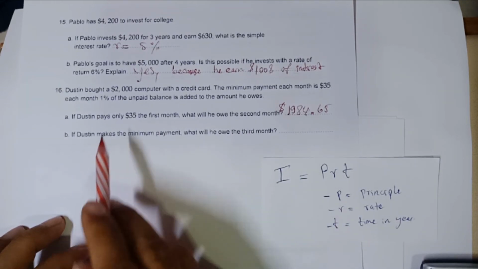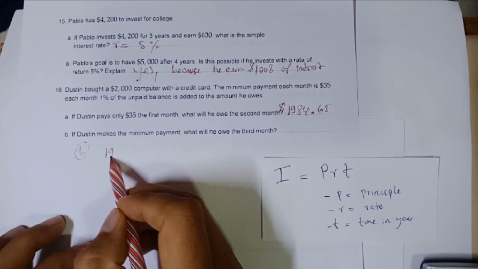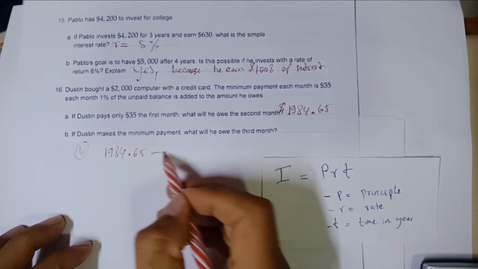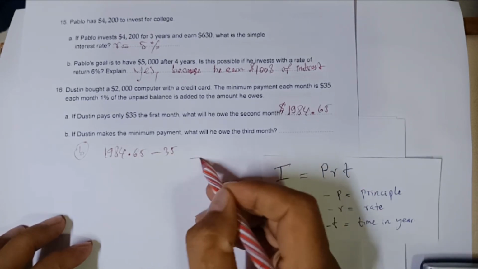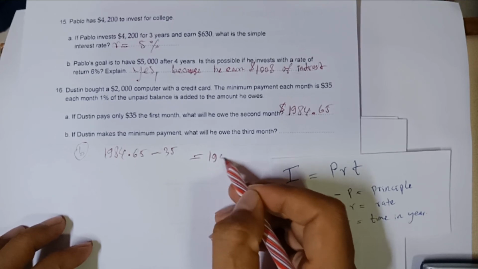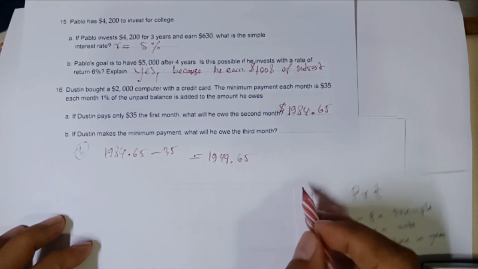So for question B, 1,984.65 minus the 35 payment for the second month. That will give him $1,949.65.